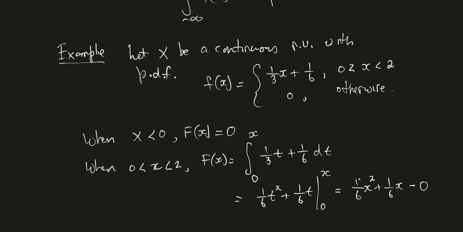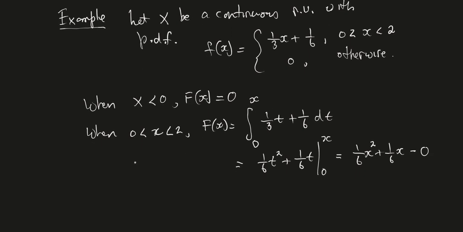So this is our area function that accumulates the area when x is any number between 0 and 2. Now once your x is greater than or equal to 2, then it would have accumulated all the possible area, and then we end up with 1. So when x is greater than or equal to 2, our CDF is a constant function with a constant value of 1, right?